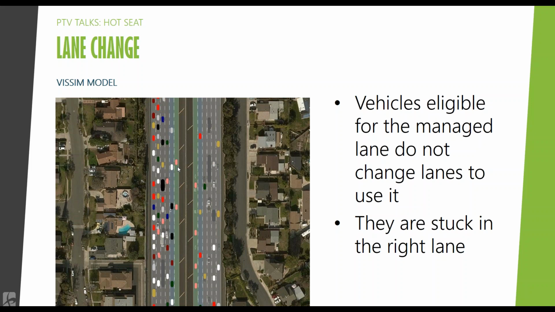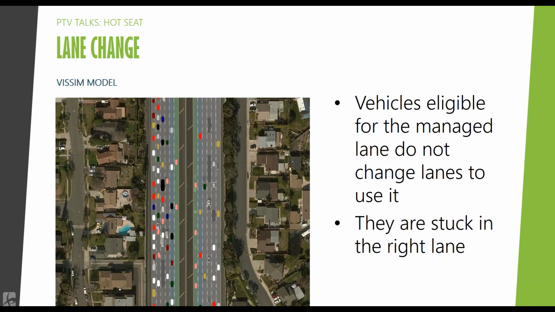But there are also vehicles in the right lanes that are stuck in the queue. And because they can't see what's happening way over to the left of them, in the model at least, they can potentially get stuck there.